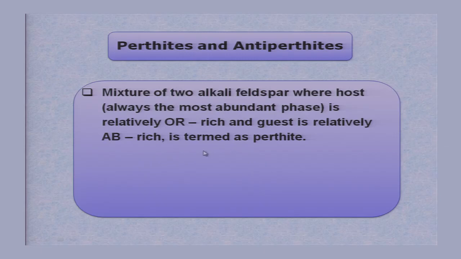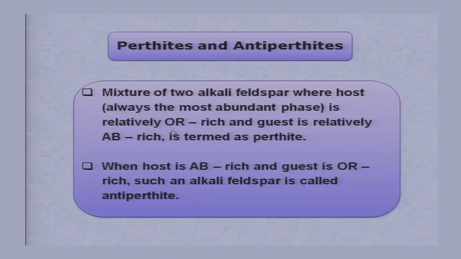When you have a host of orthoclase and the guest mineral is albite, we call it perthite. This is a normal situation, but in certain cases the situation is reversed, when the host is albite rich and the guest is orthoclase rich. Such alkali feldspars are called antiperthite.